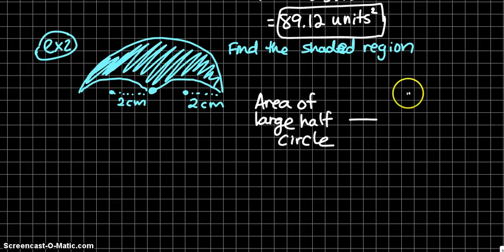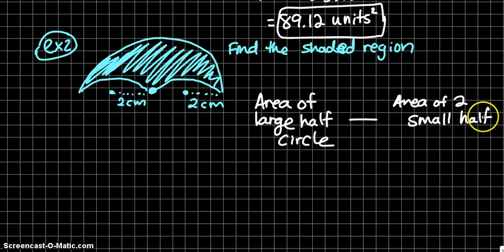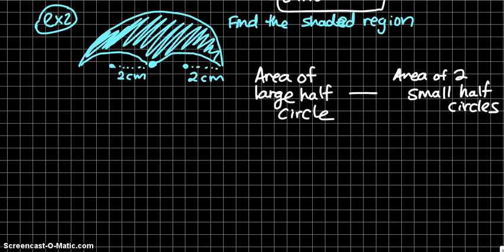So I'm going to subtract off the area of the two small half circles. So again, step 1, write out in words what you're trying to do. Step 2, remember what your formulas are. So a circle, the area is pi r squared. Now I'm trying to find a half circle though, so I'm going to do a half times that, because it's a half circle.